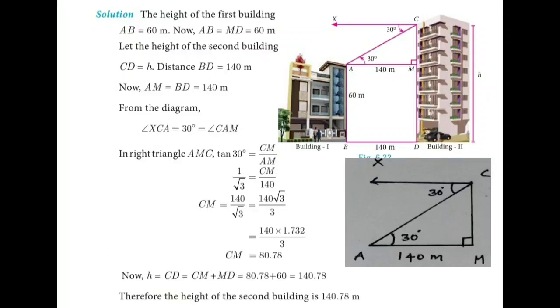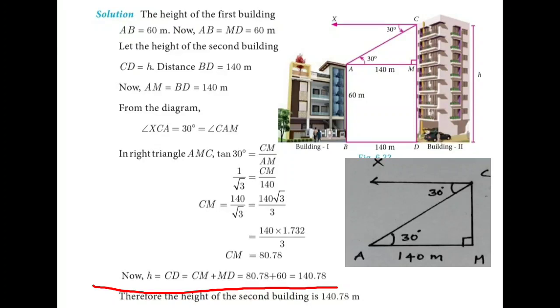Then CM is equal to 140 into 1.732 divided by 3, since root 3 is equal to 1.732. After simplification, CM is equal to 80.78.